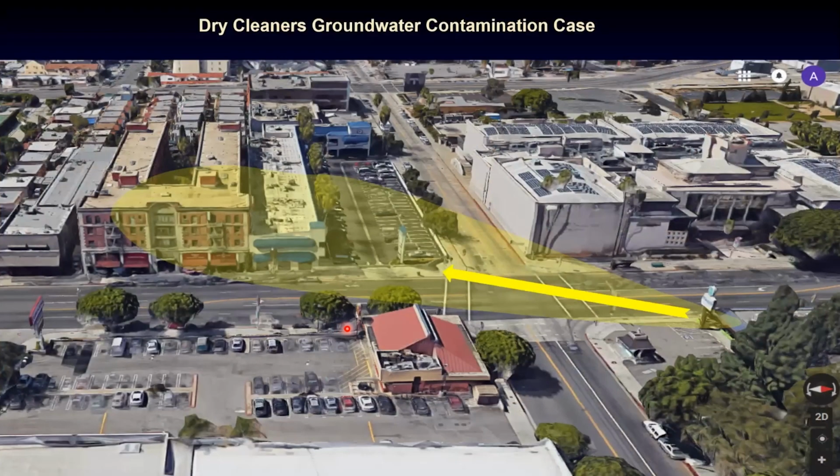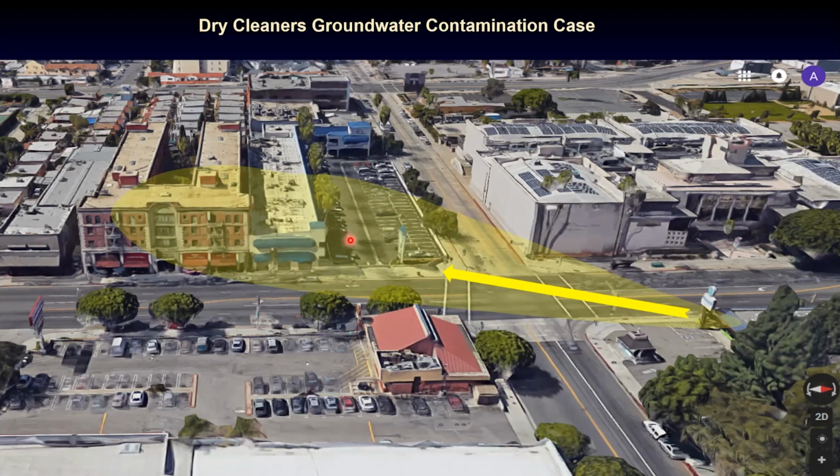So here is an example of one of the cases that we will talk more about later on, to give you a preliminary taste of what we are talking about. There is this strip plaza here, which belongs to our client, and he needed to refinance a loan of several million dollars.